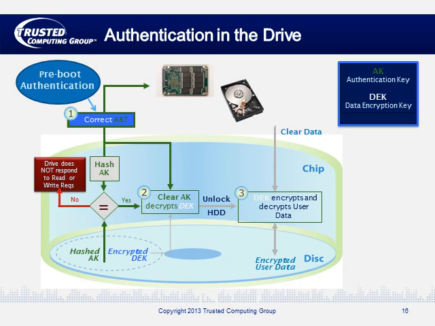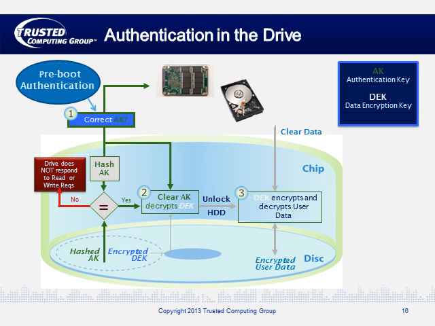So in the morning when I turn on my laptop, before the operating system is initiated, the drive itself will ask me for the authentication key. So I have a pre-boot authentication process even before anything else happens with the drive, and the drive directly is asking me for the authentication key. The authentication key is presented. It's compared to a hashed value of the authentication key that's stored on the drive. The drive never stores the authentication key itself, only the hashed value. If that match occurs and it's correct, then I presented the correct authentication key, as you see.